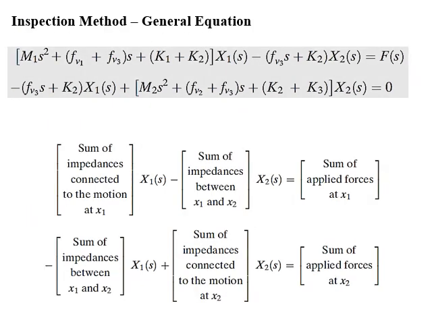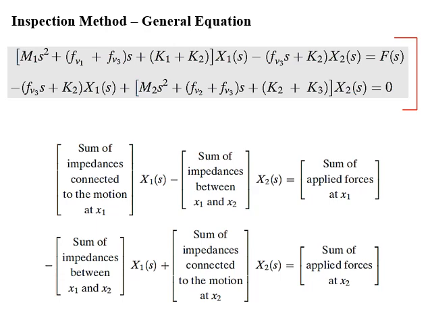Dear students, now we will make a generalized equation for the inspection method for a system whose degree of freedom equals 2. If we compare the equation from the last example with the given translational mechanical system, the system consists of two masses, and the first equation is for mass m1.